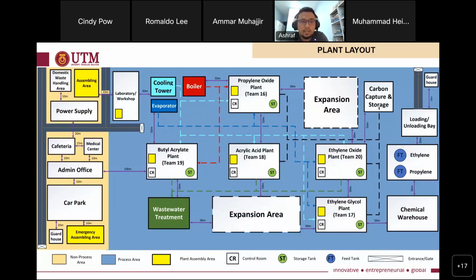It actually depends on the size of your complex. Whether you require your own fire water station or not depends on the size. There are several criteria being imposed by BOMBA. But normally, if you only have one plant, I don't think you require a fire water station, if you have one individual plant in its own perimeter.